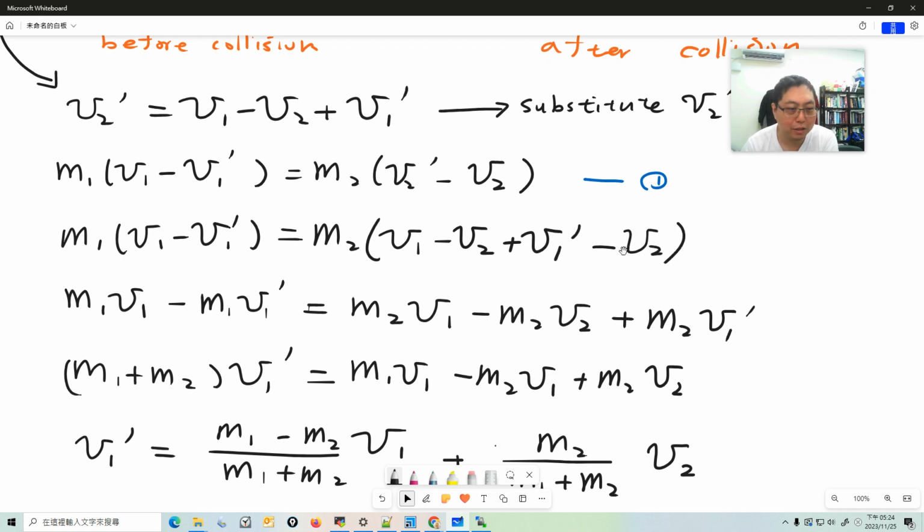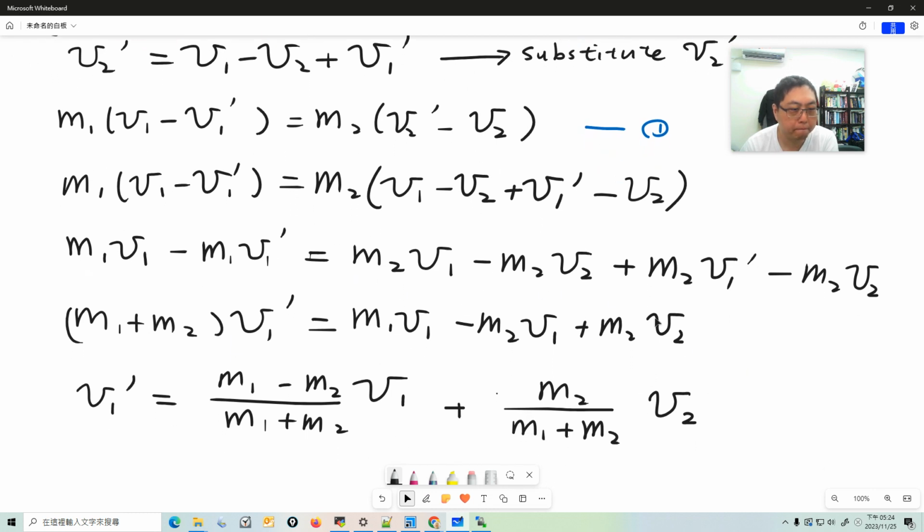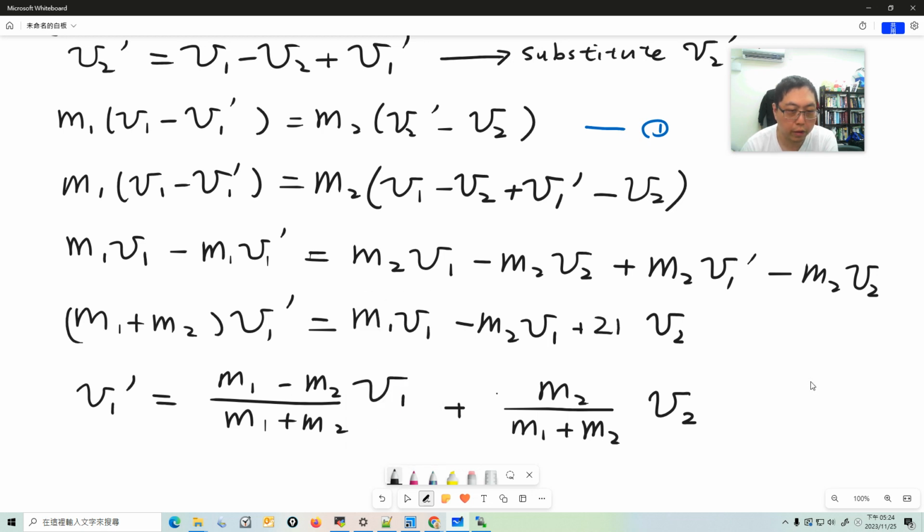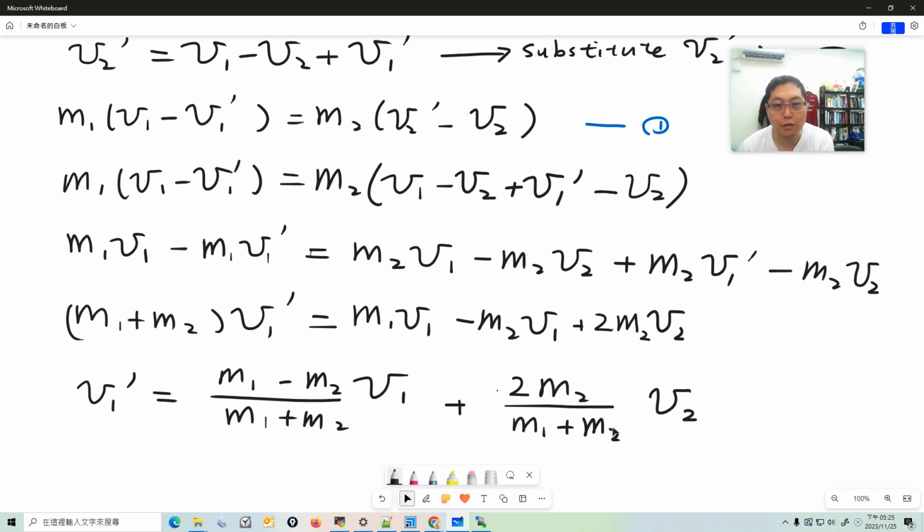Minus V2 here, so we'll have the minus M2 V2, and here is plus 2 M2. So we finally have the 2 here. It's pretty easy to make a calculation error. So that's V1 prime.